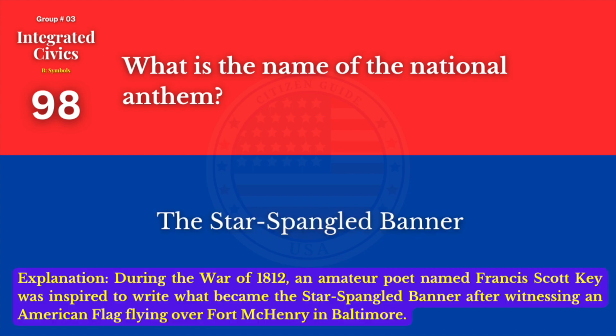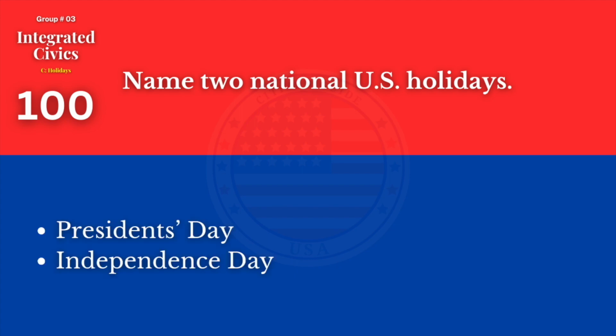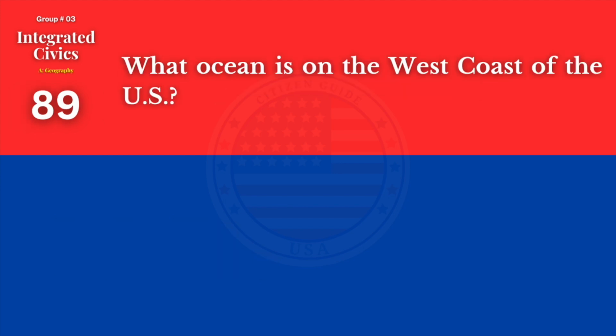The Star-Spangled Banner. Name two national U.S. holidays. President's Day, Independence Day. What ocean is on the west coast of the U.S.? Pacific Ocean.